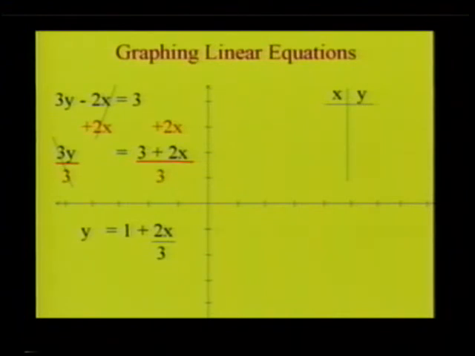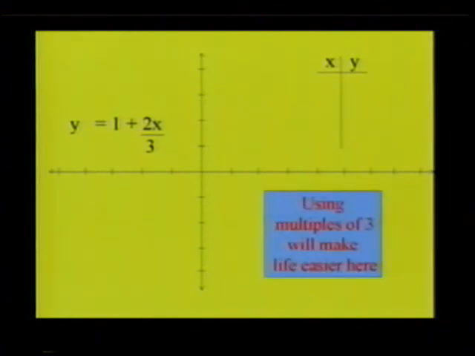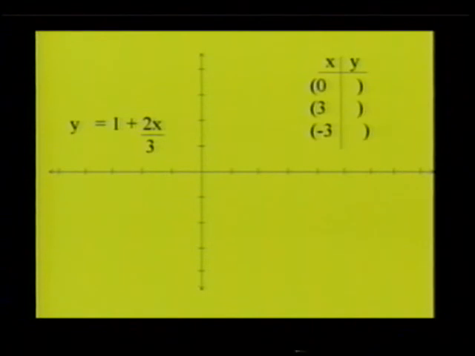Now at this point, we're going to put in any 3 x's we want, but let's make it easier on ourselves. In this case, we'll put in not 0, 1, and 2. Let's put in multiples of 3, or multiples of whatever that denominator is going to cancel. If I put in a 0, y will be 1.